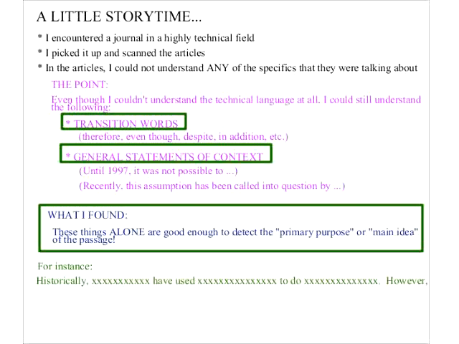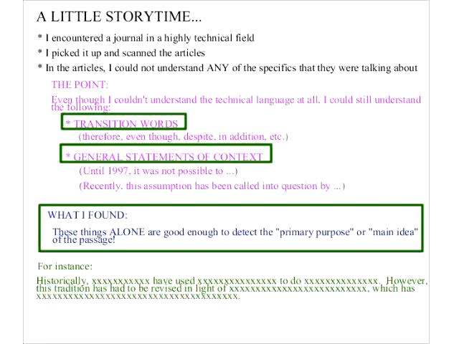However, this tradition has had to be revised in light of some specific that I don't understand, which has done something that I don't understand. Even the X's are specific. The X's might be, historically, lawyers have had to use this obscure law in order to do something in court. Or engineers have had to use these components to do this something.